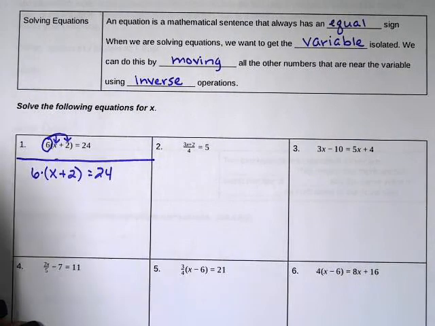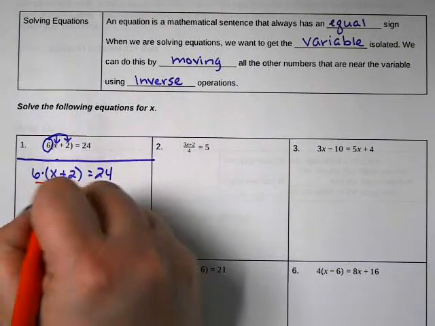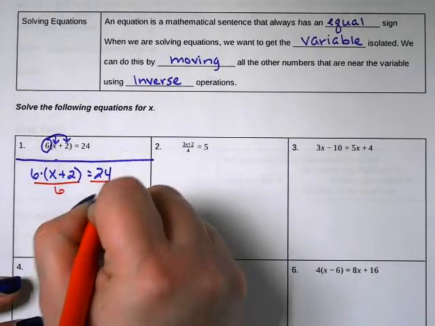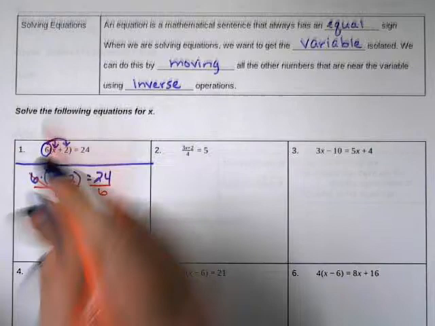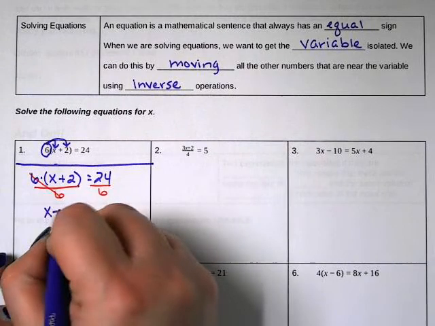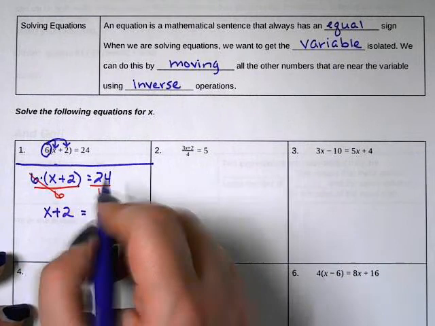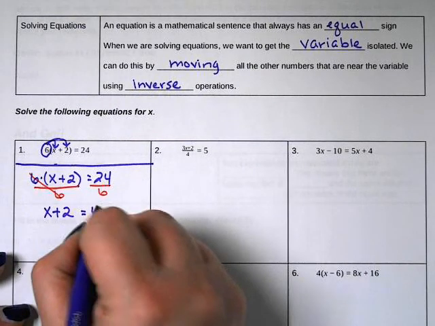So that's the first thing I'm going to do, is divide both sides by 6. When I do that, these cancel and I'm left with just x plus 2, and now the parentheses are gone. And I get equals 24 divided by 6 is 4.